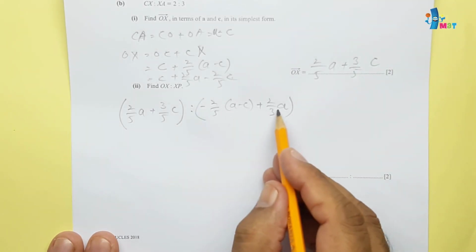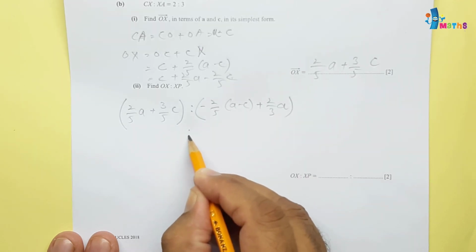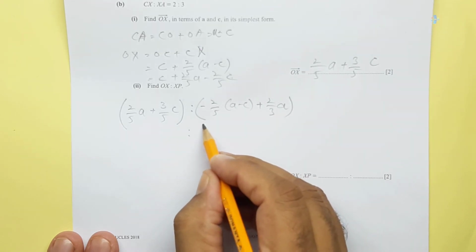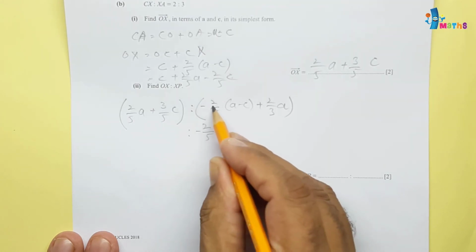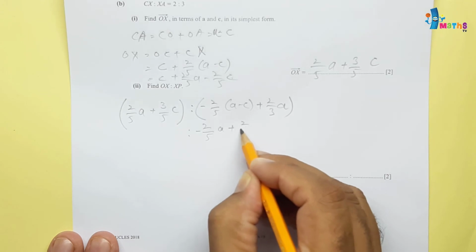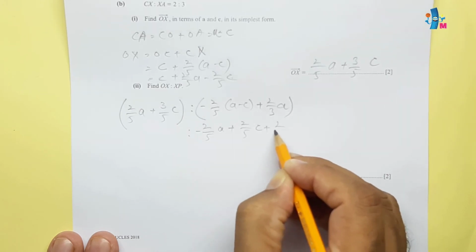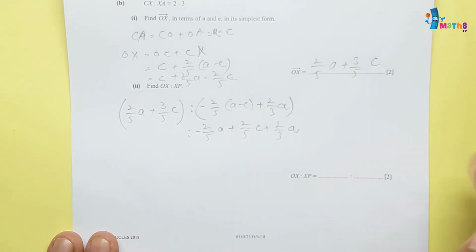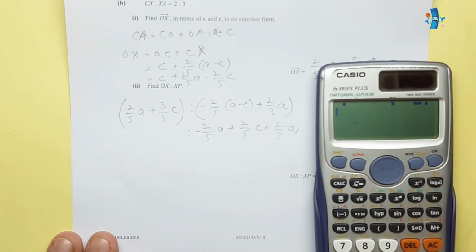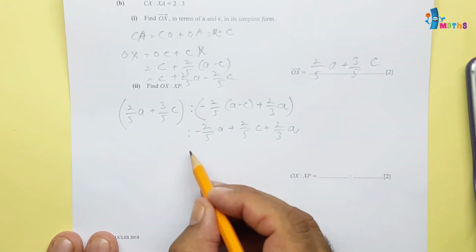Now we can just open this side, and this side we can open. This will be minus 2 over 5 A, and plus 2 by 5 of C plus 2 by 3 of A. Now this and this is A. We can simplify this. Minus 2 over 5 and plus 2 over 3 will be equal to 4 over 15.